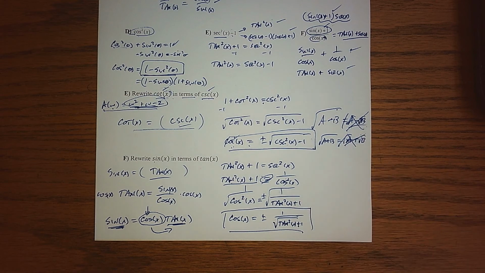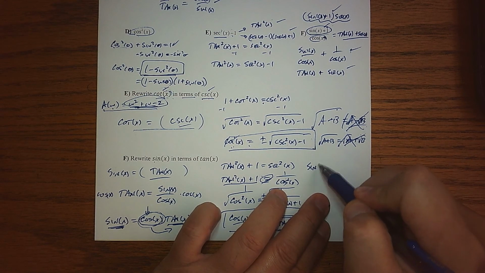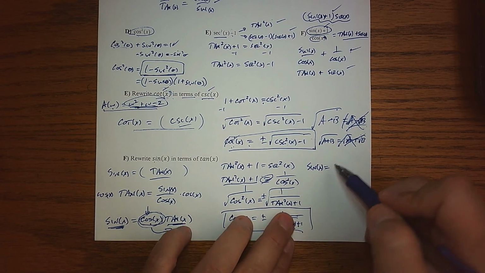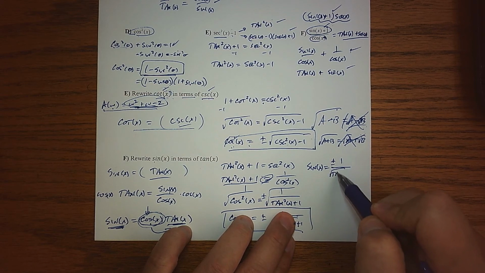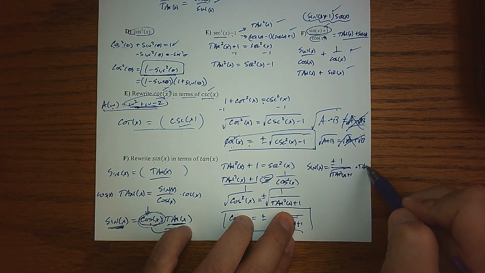As I mentioned, it doesn't break up. So we're ready. Now that I have cosine in terms of tangent, I'm going to replace it. If I replace this cosine with what I have here, I get plus or minus 1 all over the square root of tangent squared x plus 1, times the tangent of x.